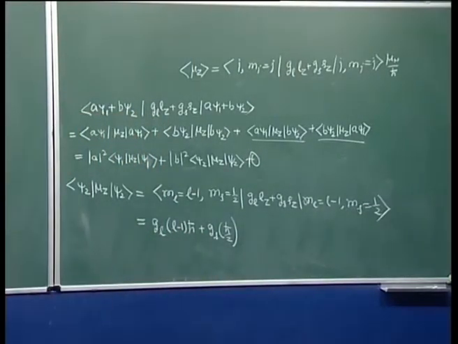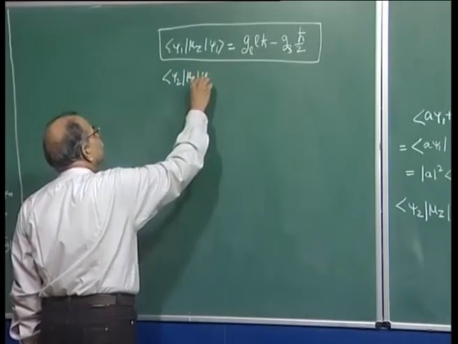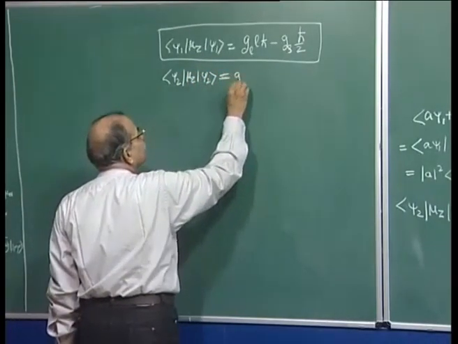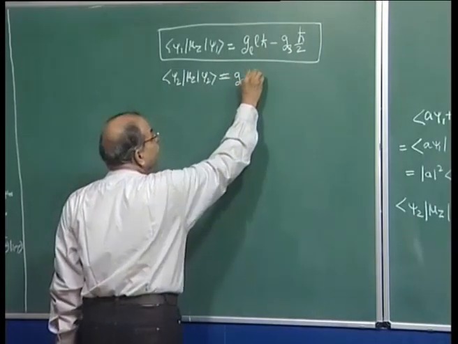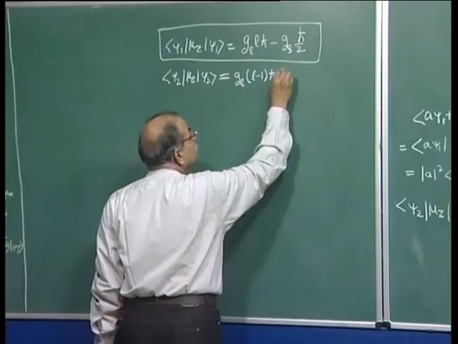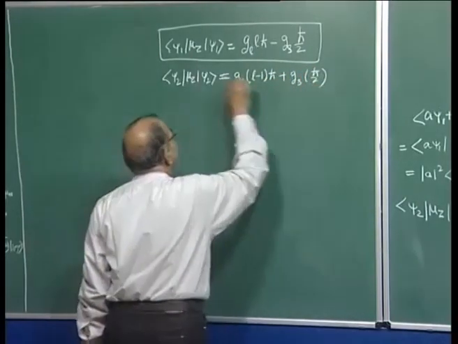Psi 2 mu z psi 2 is GL times L minus 1 h cross plus GS times h cross by 2. That is the second part.